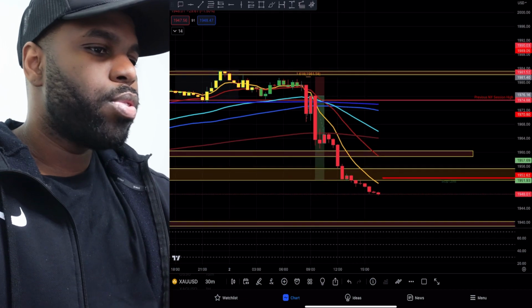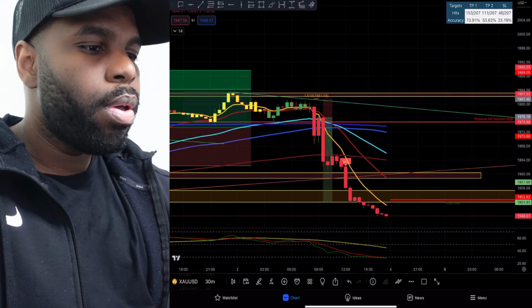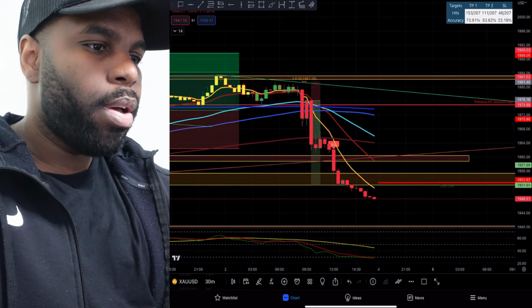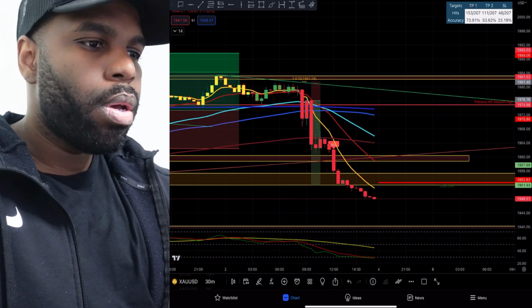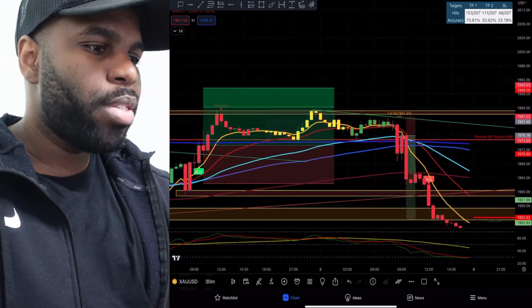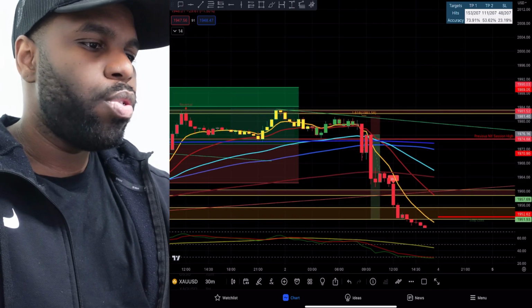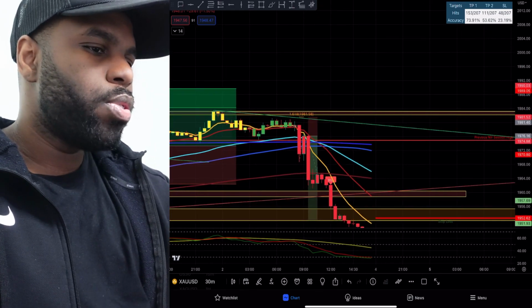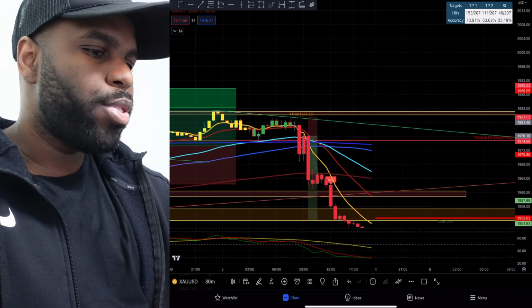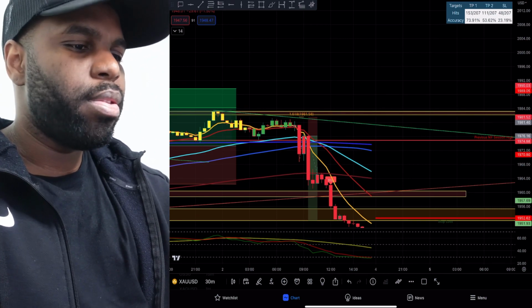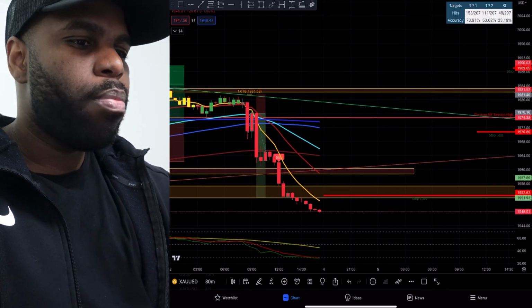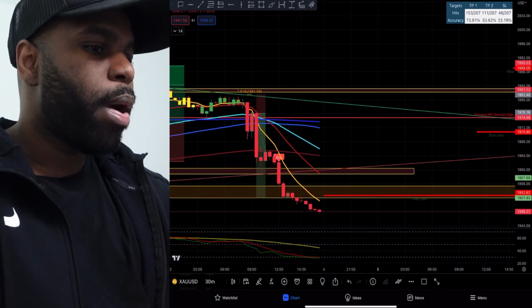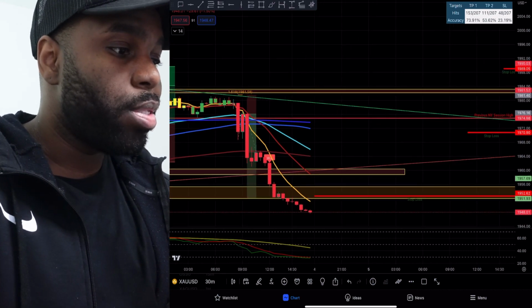Now what I was looking at here was this previous New York session high. It didn't really come in and tap in. Usually price goes into the zones before it goes in your direction. It goes against you a little bit, and then it bounces off of the zones. But in this case, price came down and touched one of my previous New York session highs.